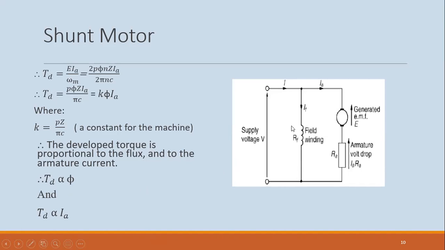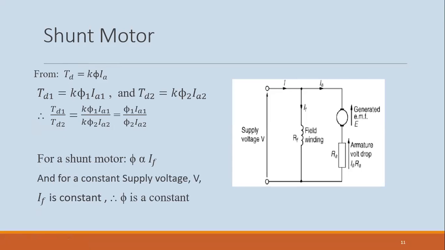All right. Now for a particular machine, since phi and Ia are variable, we can have different torques at different flux and different armature current. So I can write a relationship to account for that.